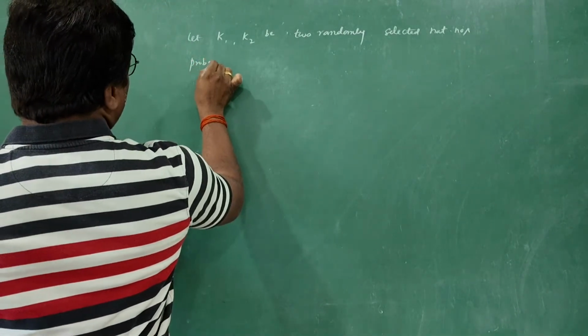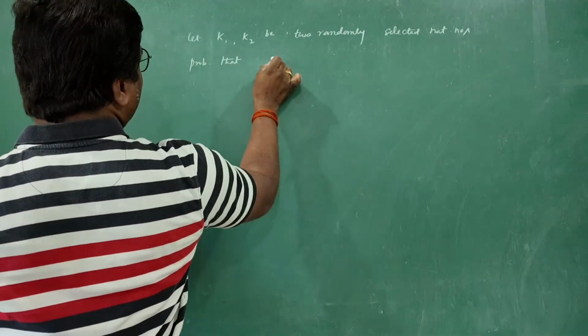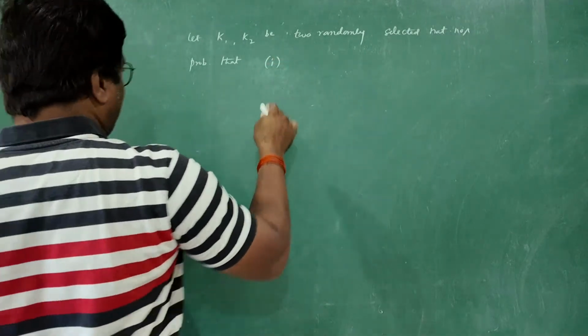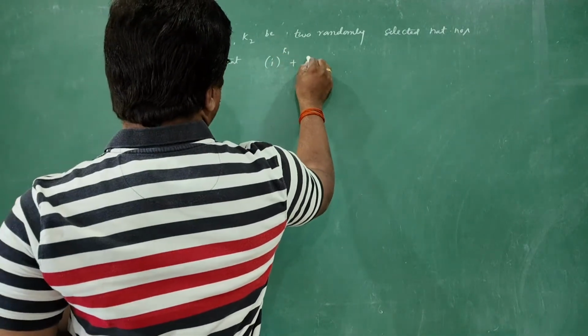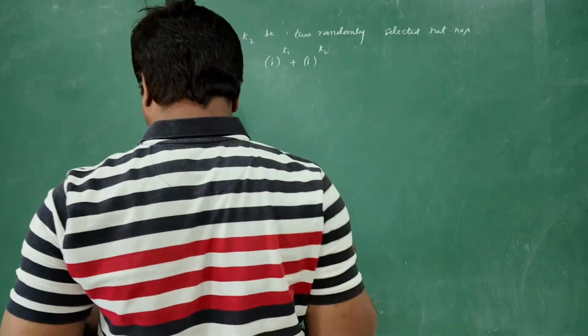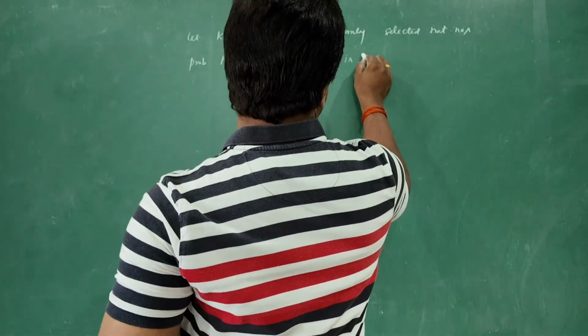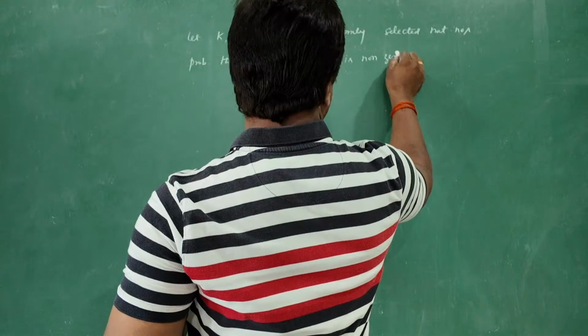The question is, the probability that i power K1 plus i power K2 is non-zero.